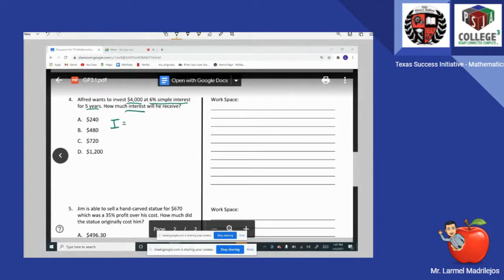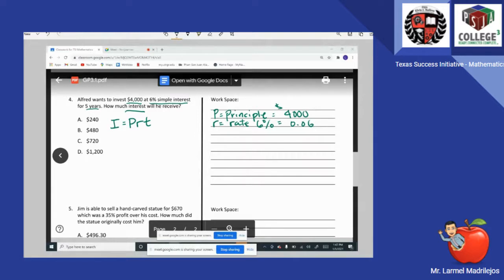The formula for interest is principal times rate times time. P means principal, your initial money, which is $4,000. R is rate. Rate is your percentage, which is 6%. 6% means 0.06.